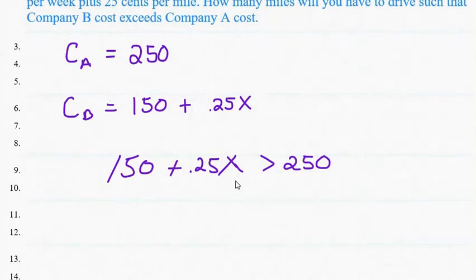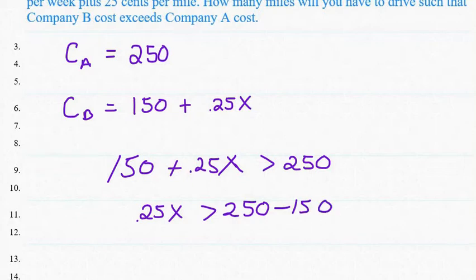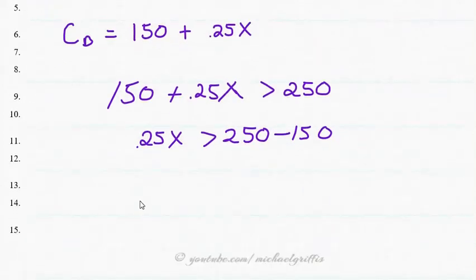Let's see what happens here. Okay, so we just solve for x. So take the 150 over. Minus 150. So 250 minus 150 is going to be 100.